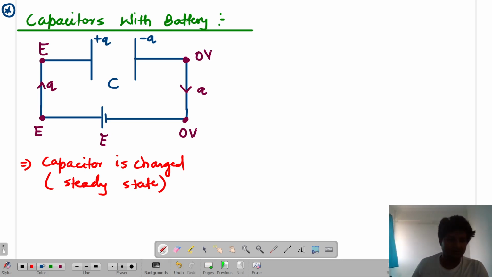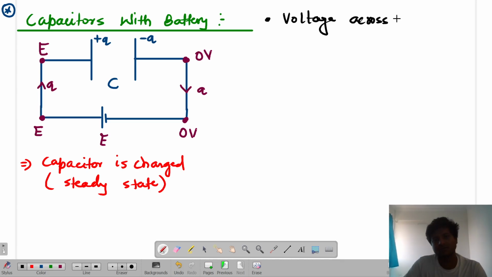So then, if the capacitor is charged, स्टेडी स्टेट मतलब उसके अंदर से ये चार्ज आउटफ्लो या इनफ्लो नहीं हो रहा है ना. So then the point is the voltage across the capacitor, when we connect with a battery and the capacitor is in steady state, is how much?